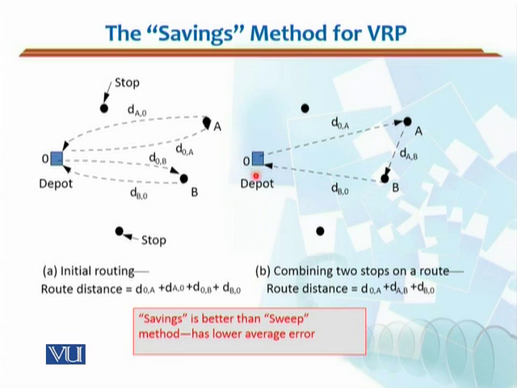Then what you will actually do in the sweeping method, this figure will depict it. आपने क्या किया है? जो A और B था, which are actually closest to each other but farthest from the depot, आपने उन दोनों को combine कर दिया. वो कैसे?